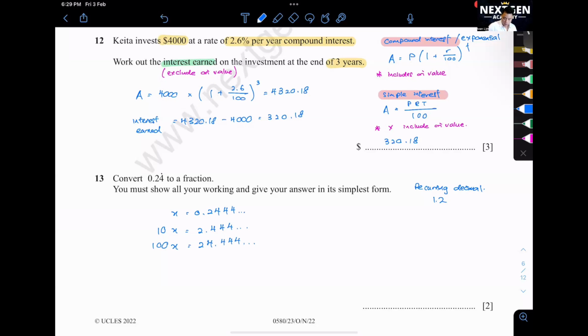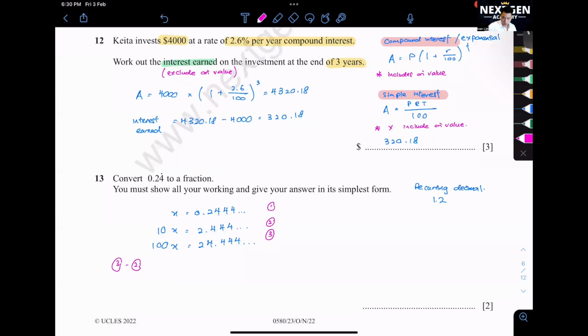24.444 dot dot dot. Okay, so what I'm gonna do is this one, let's say equation 1, 2, and 3. I'm just going to take equation 3 minus equation 2, because I want to eliminate all the recurring decimal.